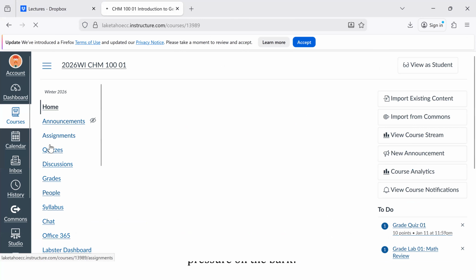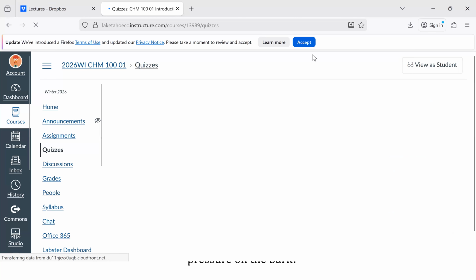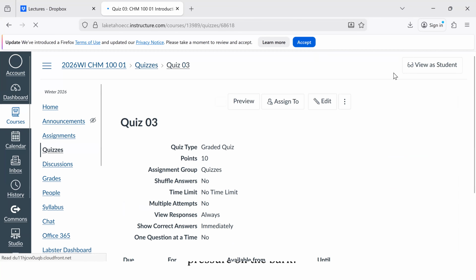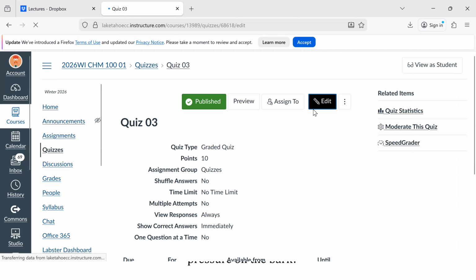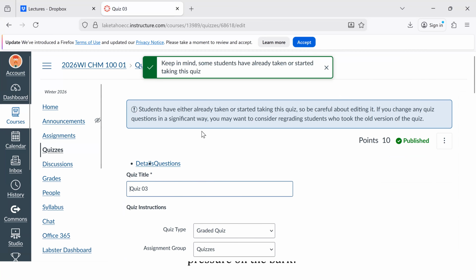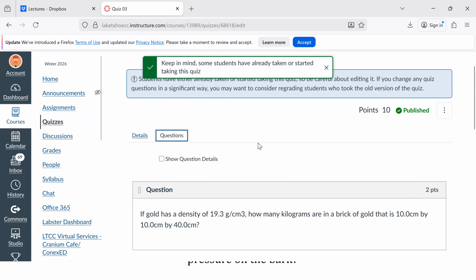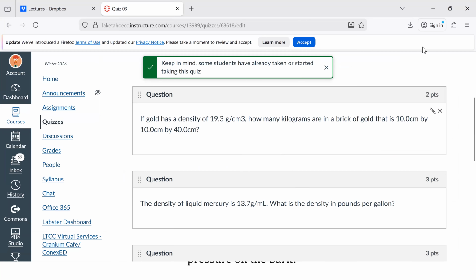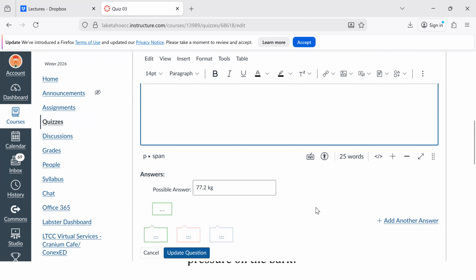So when I have to put in the right answers for these quizzes, the way that this works is when I have to do something like this question, I go to edit it, I type it in there.